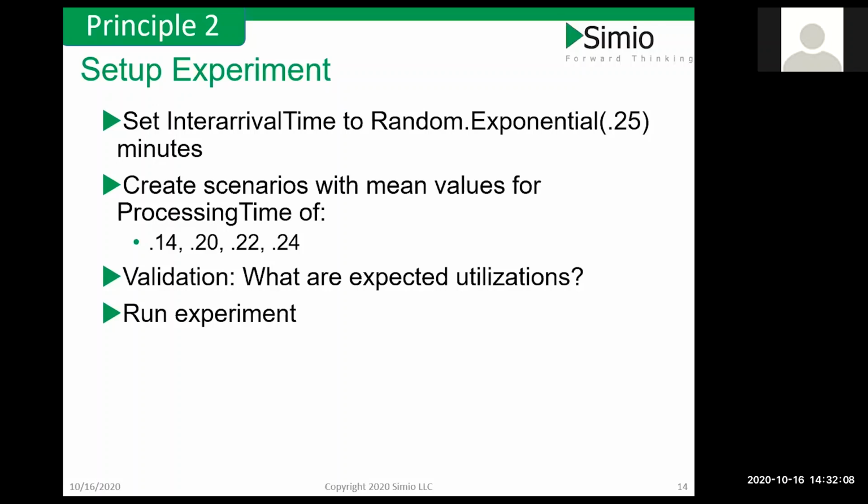It's always good to do such expectations. And it doesn't have to be utilization. It can be anything, but just create some expectations. Like in the last model we did, when I had fixed things happening, maybe my expectation would have been, how many entities do I expect to get through that?